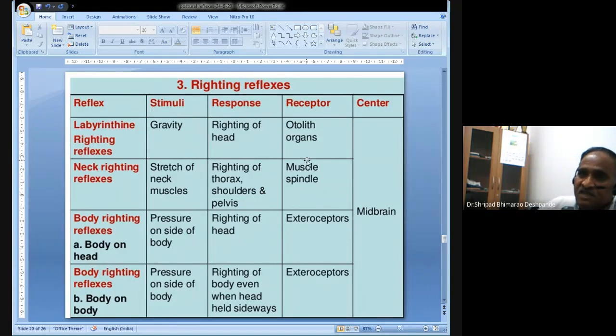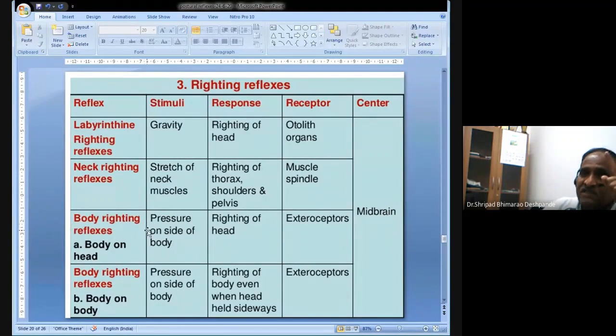Here the receptor is the muscle spindle or intrafusal fibers of the neck muscles. These are proprioceptive inputs. They will go up through the cerebellum into the collicular region, and they will have an interaction there in the tectum. This is at the midbrain. The midbrain is the center.